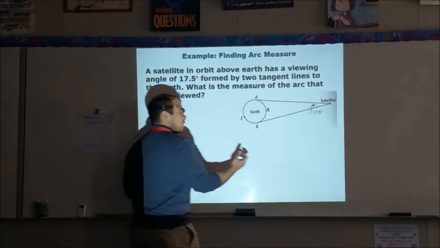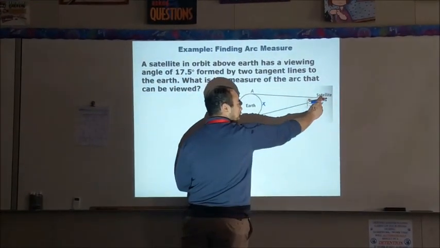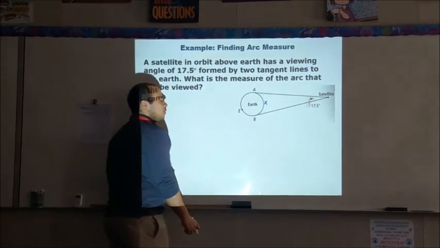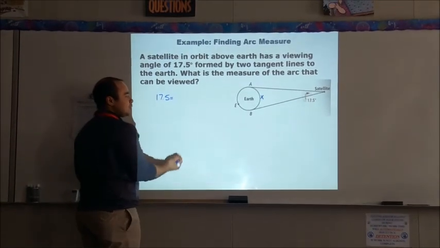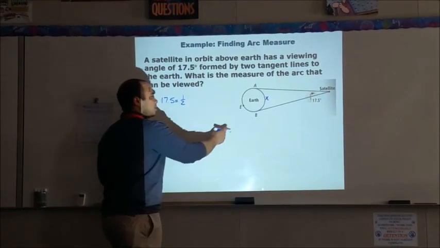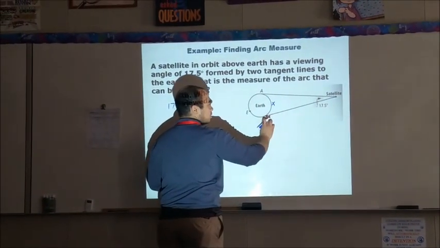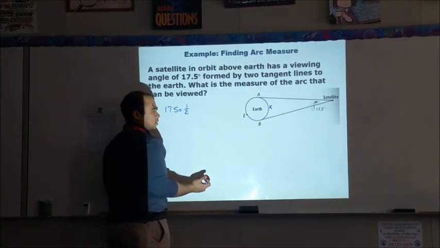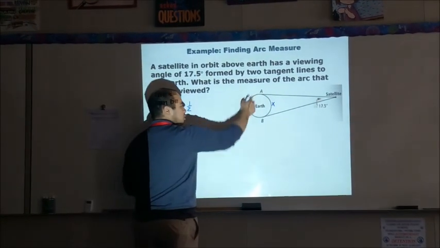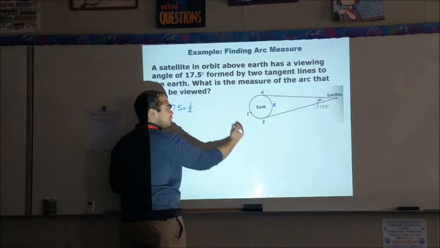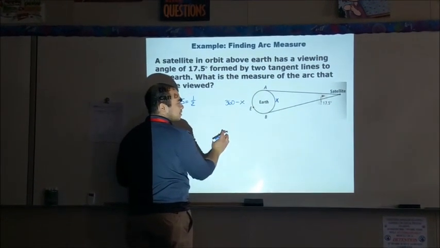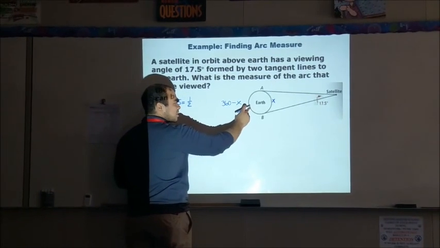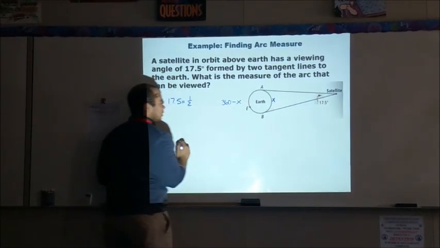This is a lot like the problems we just saw where our angle is formed outside the circle. We know that that angle, being 17.5, is equal to 1/2 the larger arc minus the smaller arc. Well, the problem is we don't know the larger arc, but we can create an expression to represent it. So like 360 minus x, because this arc is 360 degrees minus this arc.